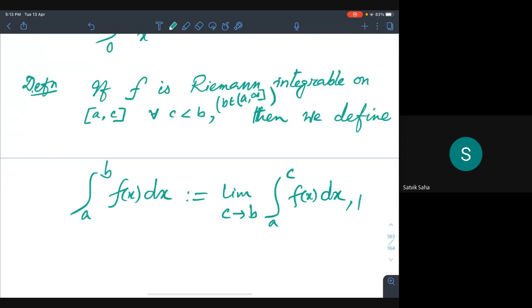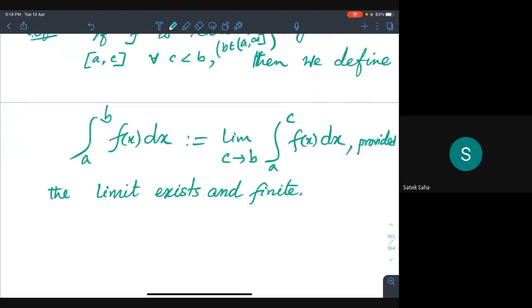Provided the limit exists. And limit exists means it has to be finite. So maybe I should write it exists and finite. Sometimes limit can be infinite. Yeah, so is this definition clear?